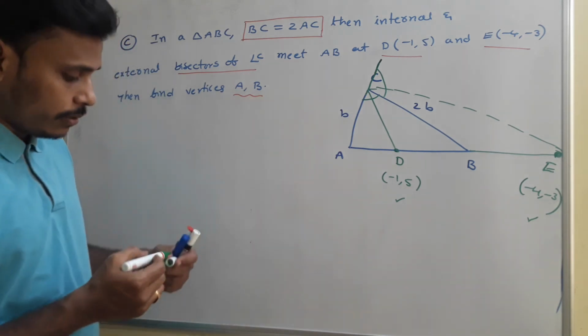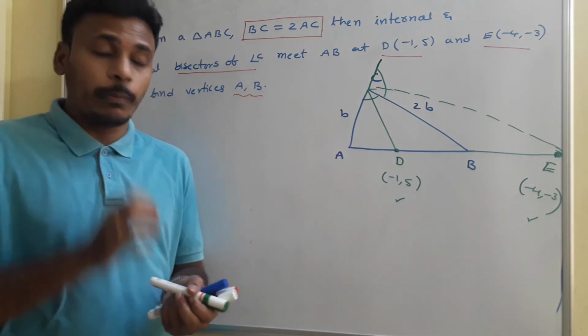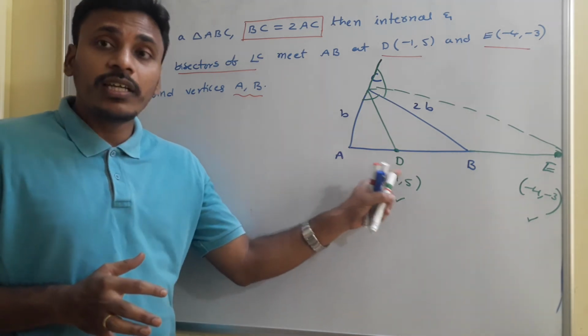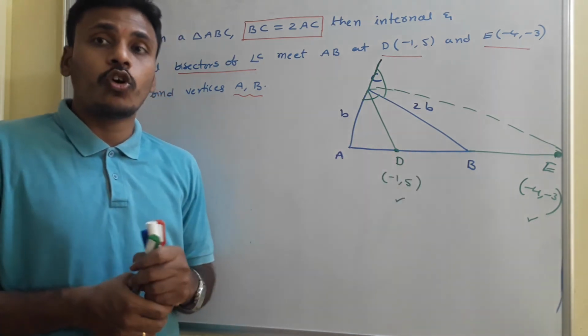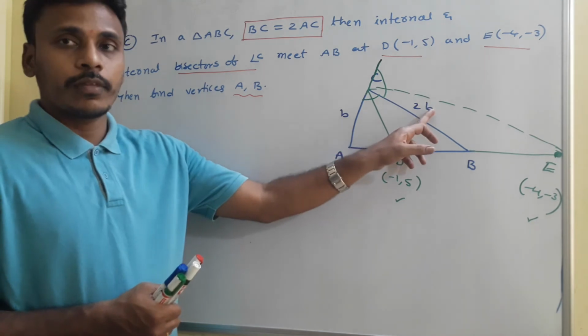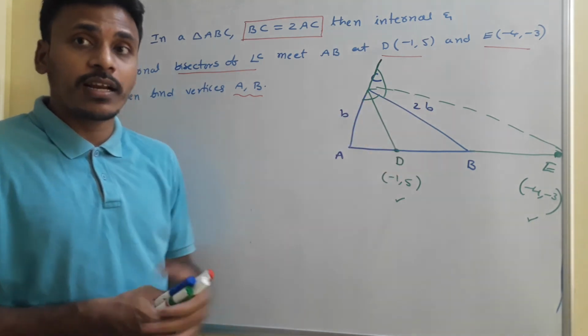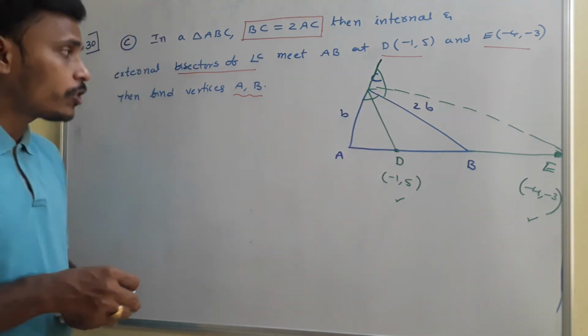As per the vertical angle bisector theorem, we know this D is dividing AB in the ratio of these two sides, b and 2b. So what is the ratio? b by 2b, which is 1 by 2.